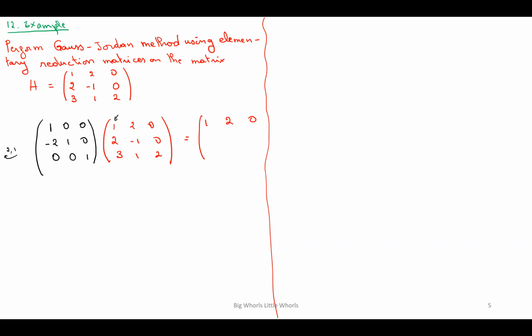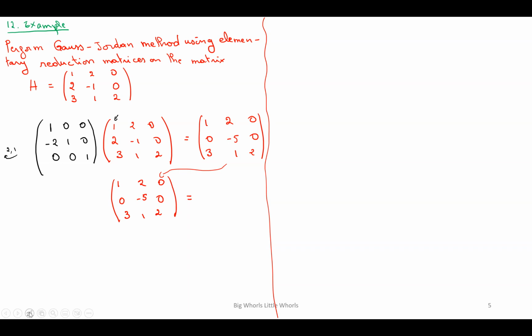So -2 times row 1 is -2 times 1, which is -2, then -2 plus... -4 minus 1 is -5, and here 0 0. The 1 here is just recopying row 3, so we have 3 1 2. I'm going to recopy that matrix here: 1 2 0, 0 -5 0, 3 1 2.